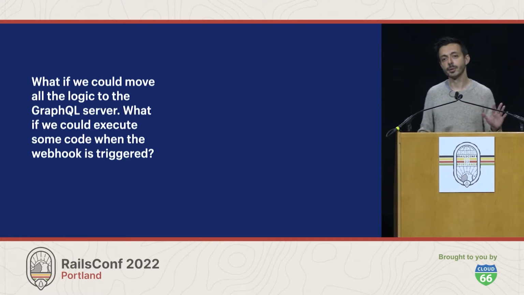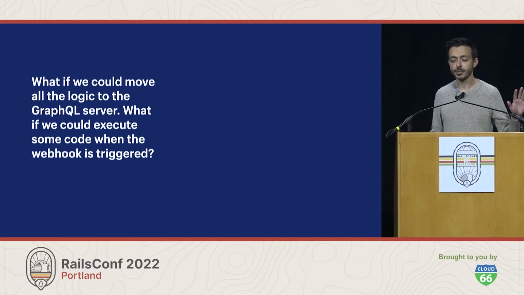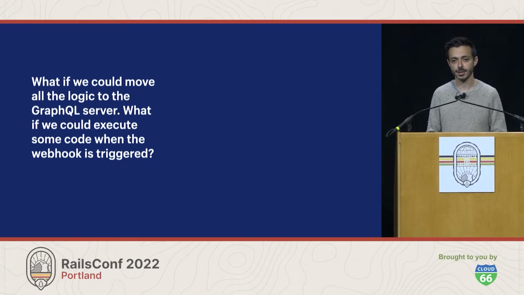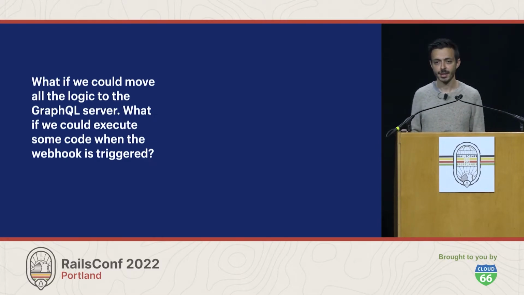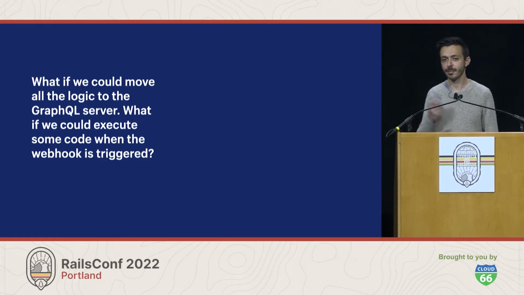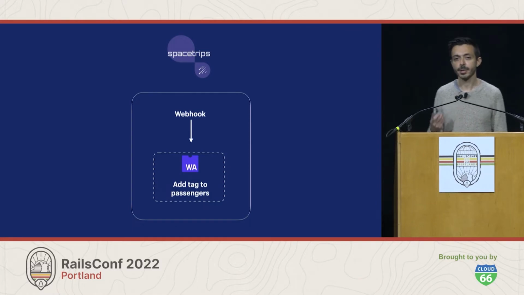But is it possible to move all this logic that receives the webhook and makes an API request to the server? Can the server execute code that was provided by the client? Yeah, we can do this with WebAssembly.